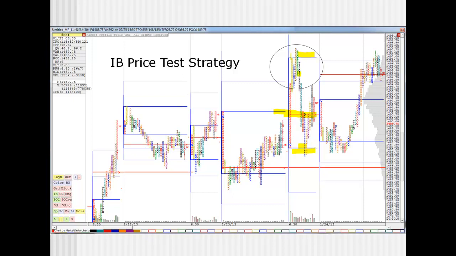It is all intertwined, and one thing influences another, and that's why those levels are really key. And the IB trading strategy is quite powerful and useful.